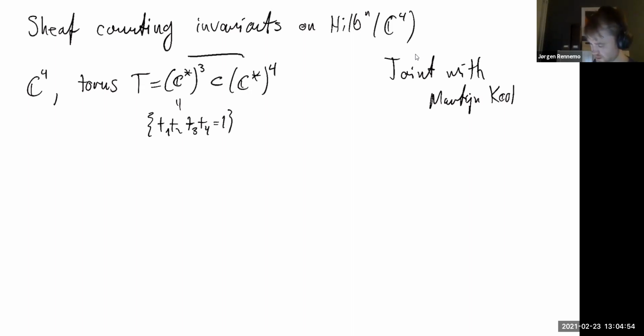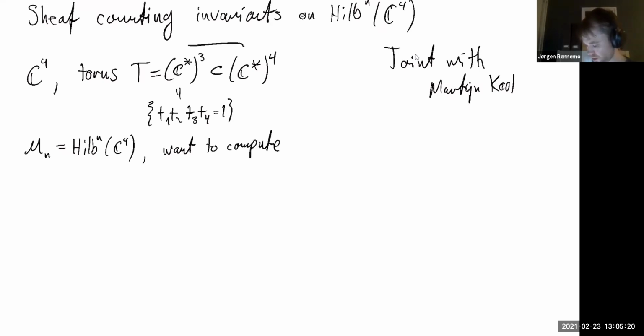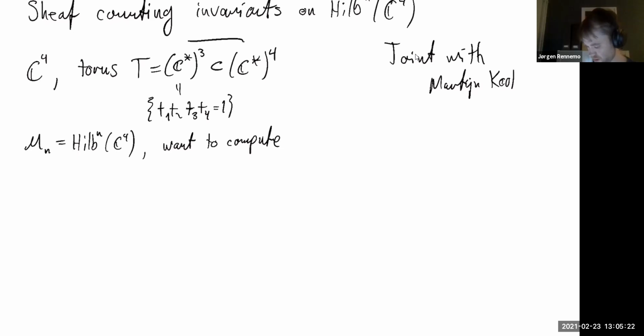Right, and we had the geometric moduli spaces that we're interested in. The moduli spaces of the sheaves, which we want to count, are the Hilbert schemes of n points on C4, and we want to compute certain Euler characteristics or integrals of certain K-theory classes.